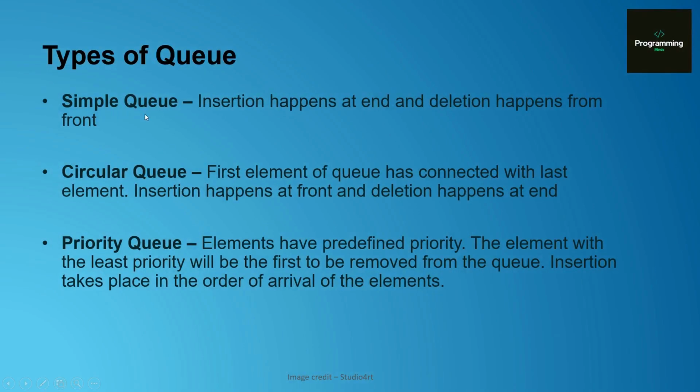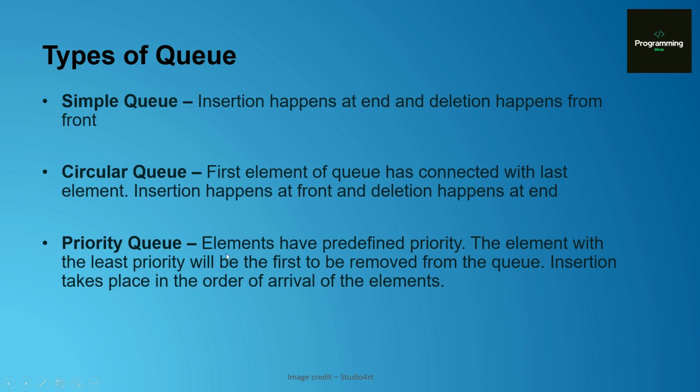Types of queue. Simple queue. In simple queue, insertion happens at the end and deletion happens from the front. The second type is circular queue. The first element of the queue is connected with the last element, and insertion happens at the front and deletion happens at the end in the circular queue.